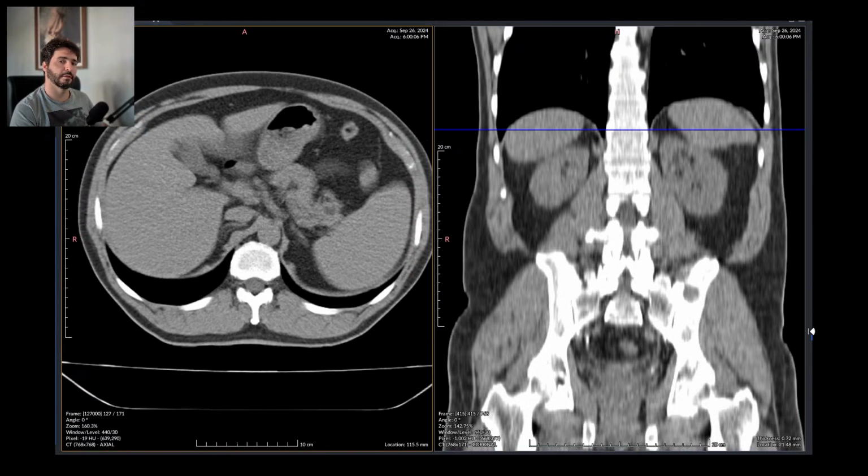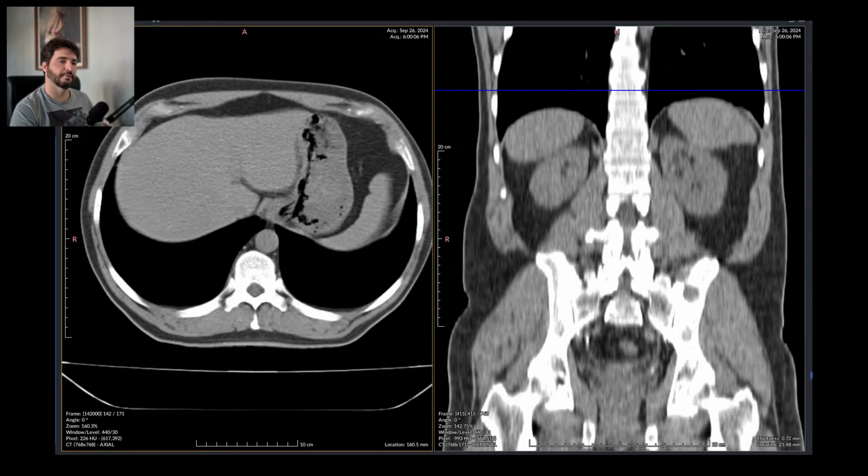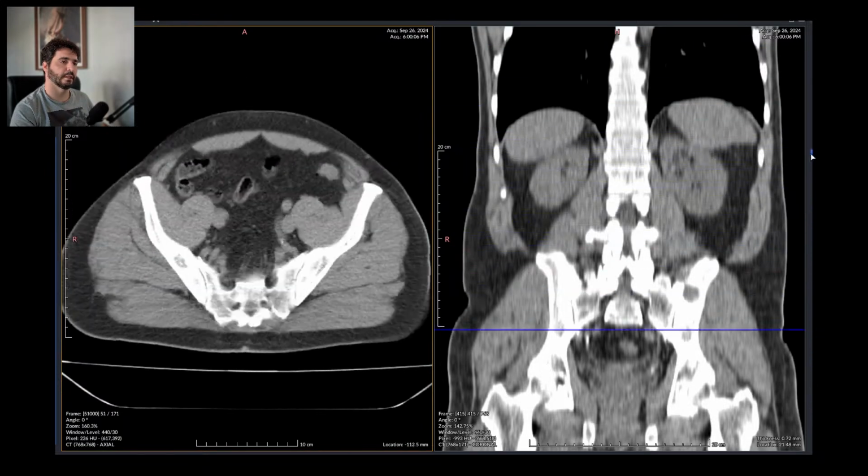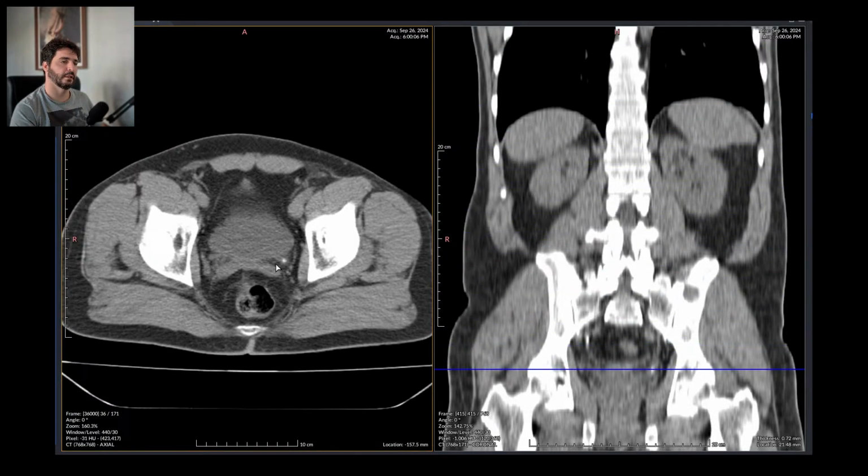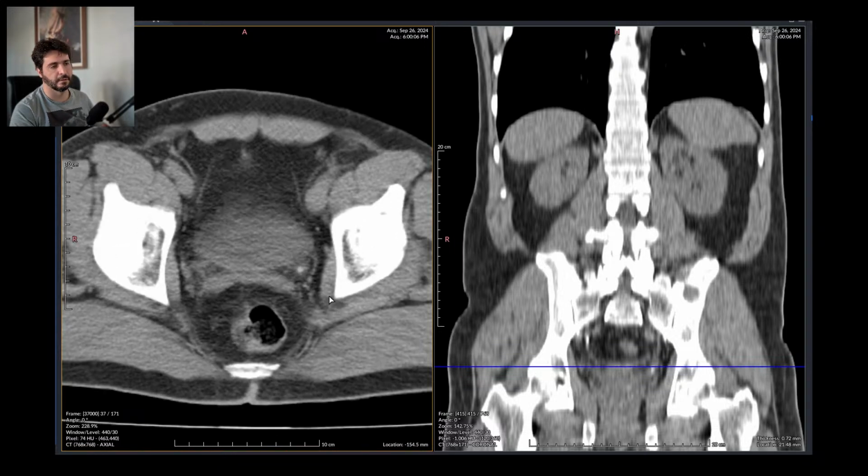but we can readily see right there on the terminal inferior left ureter, there is a kidney stone right there. It's almost 1.5 centimeters to the inside of the bladder, and it's a micro stone.